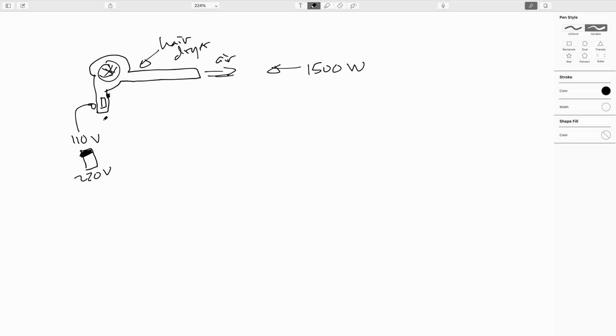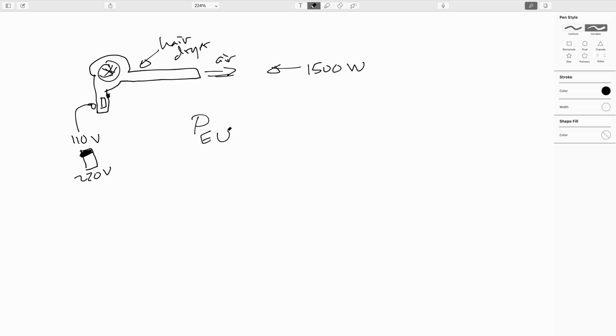So let's figure out the rate at which you are emitting heat in this case. So here, what we don't know is the resistance of the hairdryer, but we also know that it isn't going to change whether I'm in the US or the EU if I don't throw that switch. The electricity is going through the same amount of high resistance wire. So what we can do is set up a proportion.